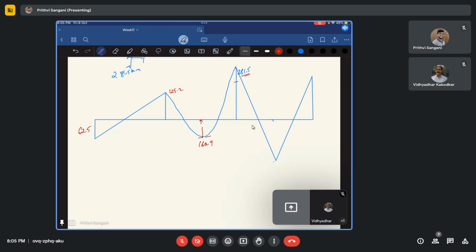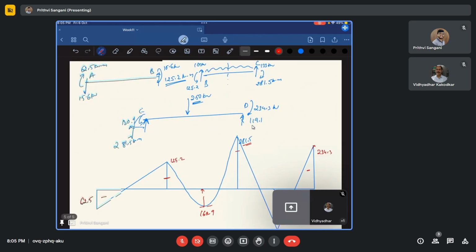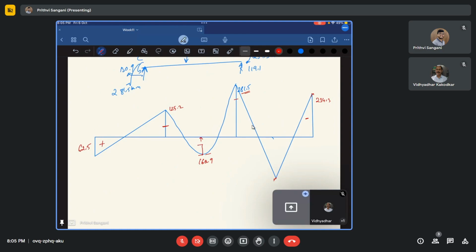Okay, and this we already know about. This is 234.3. So whatever upwards I have considered as hogging, right? So yeah, positive, positive, positive. Okay. So this is about the bending moment diagram.